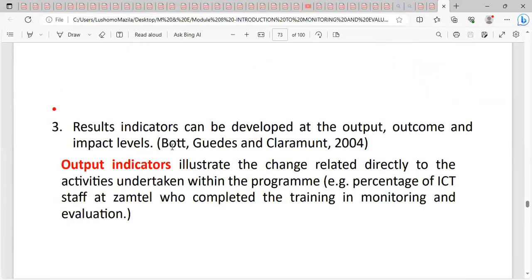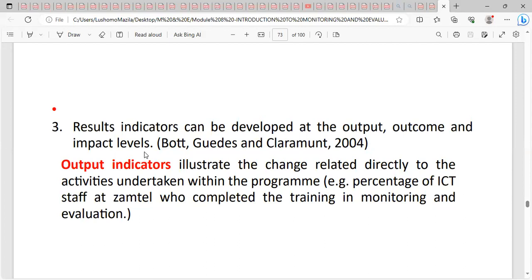So results indicators can be developed at the output, outcome, and impact level. Take note of this. Is this clear? Depending on the level, but specifically they should be at the output level because this is where results begin.